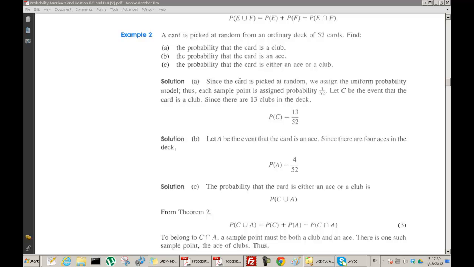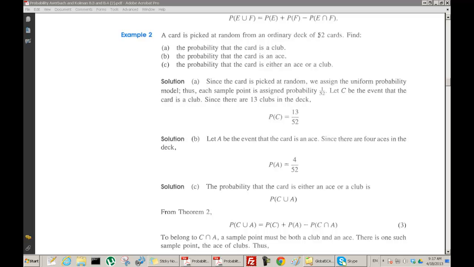Okay, let's take a look at an example where we can use this theorem. A card is picked at random from an ordinary deck of 52 cards. Find the probability that the card is a club. Now remember that a standard deck of 52 cards has 4 suits: clubs, spades, hearts, and diamonds.